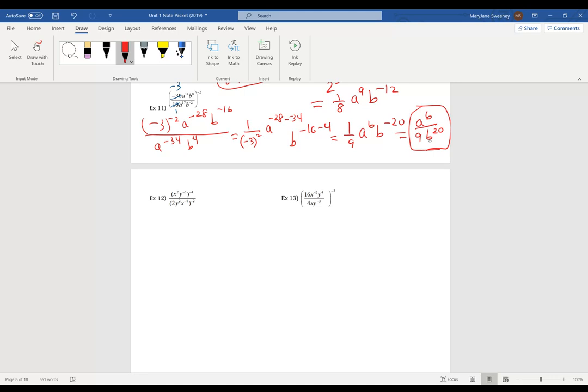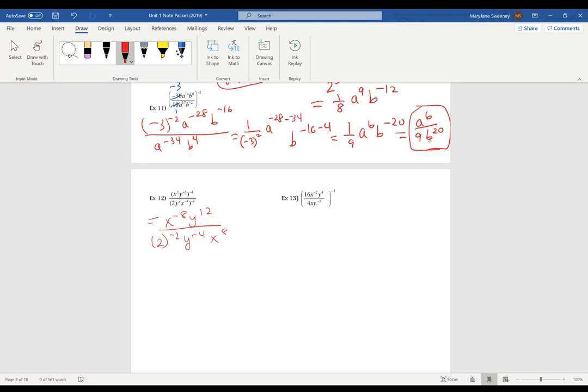In this next one, sometimes people see the negative exponents and they want to flip. I would just raise everything to the power. So this is x to the negative 8, y to the 12th, over 2 to the negative 2, y to the negative 4, x to the positive 8.